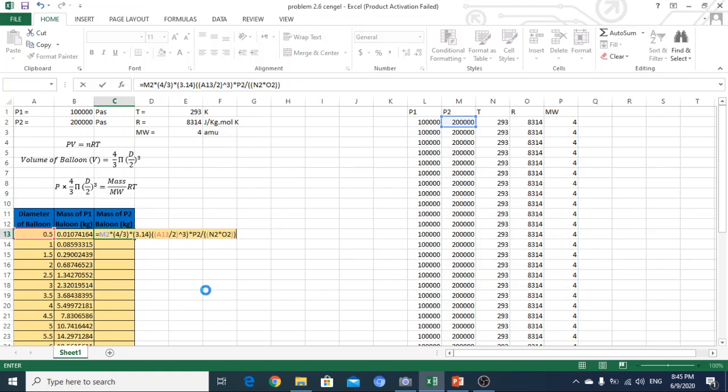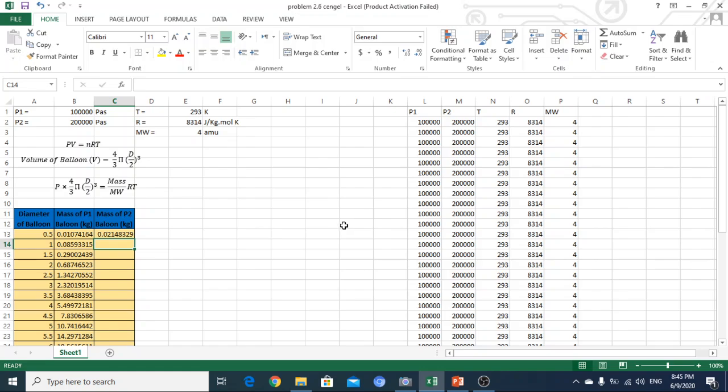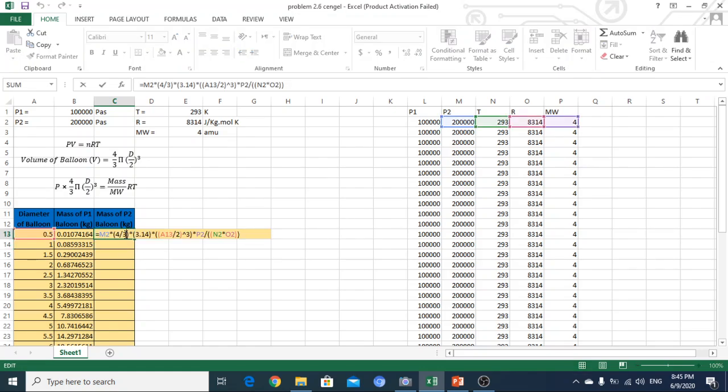So we will get a result, something is getting issue. So this formula has developed.